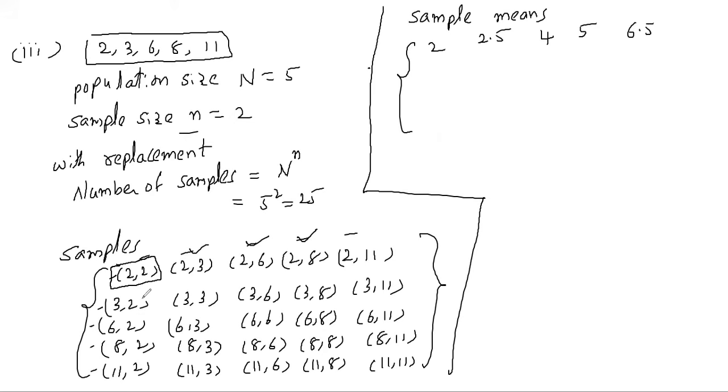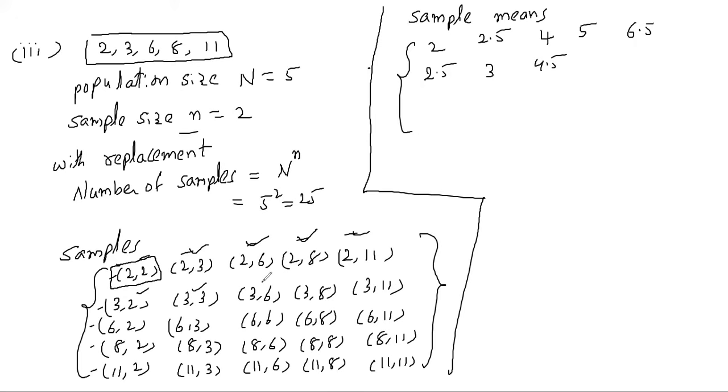Next, 3 comma 2: 3 plus 2 is 5, 5 by 2 is 2.5. Next, 3 plus 3 is 6, by 2 is 3. 3 plus 6 is 9, 9 by 2 is 4.5.